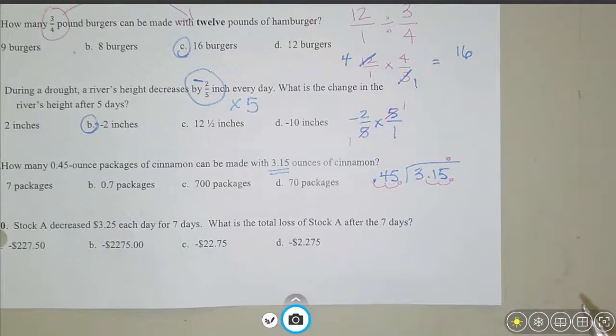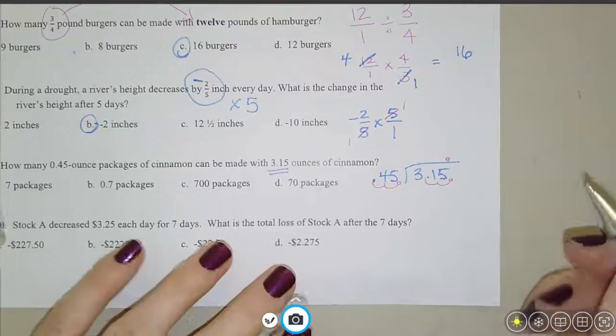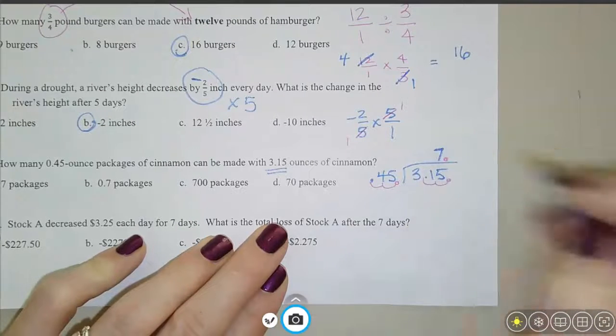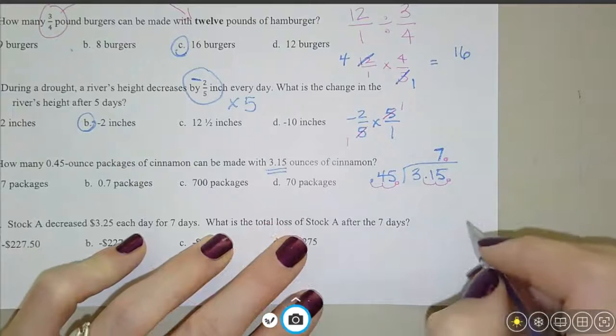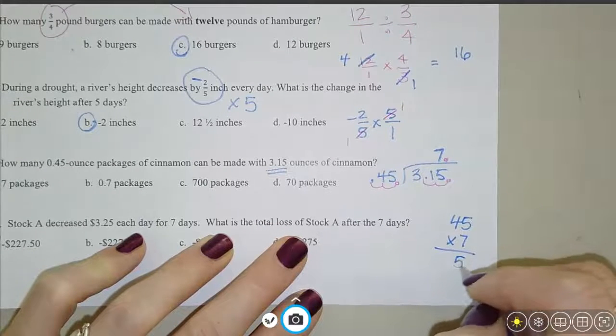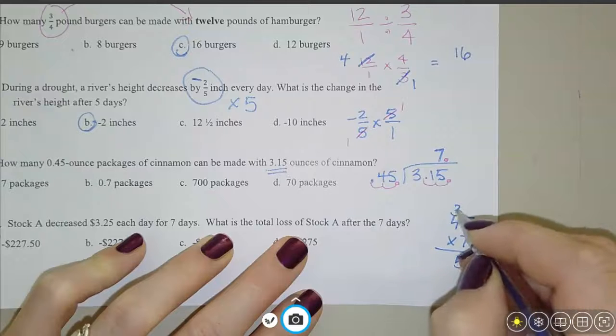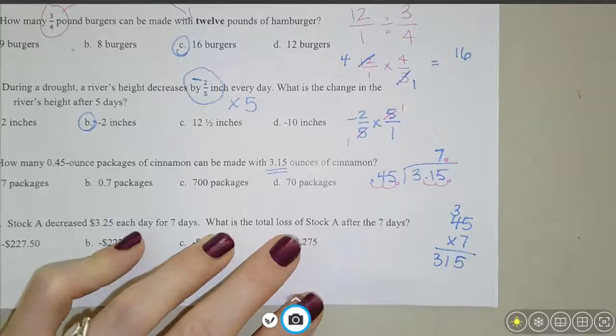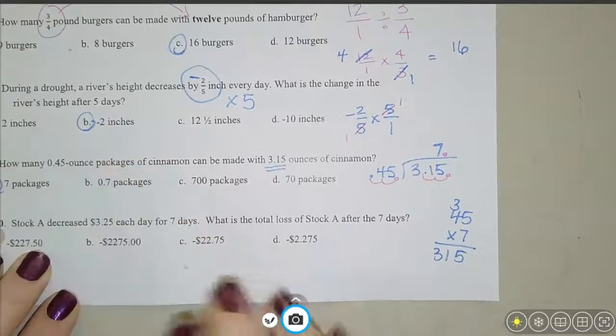And how many times does 45 go into 315? Well, I'm not sure, but let's try 7. If I try 7, I'm going to do 45 times 7. And I get 315. Perfect. No remainder. 7 times. So that's A.